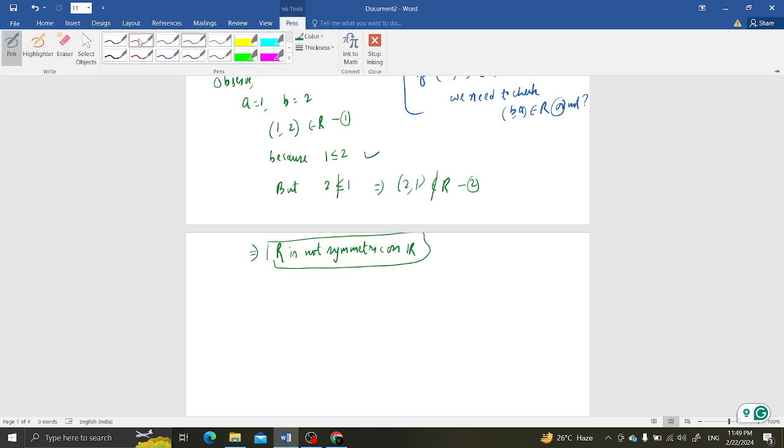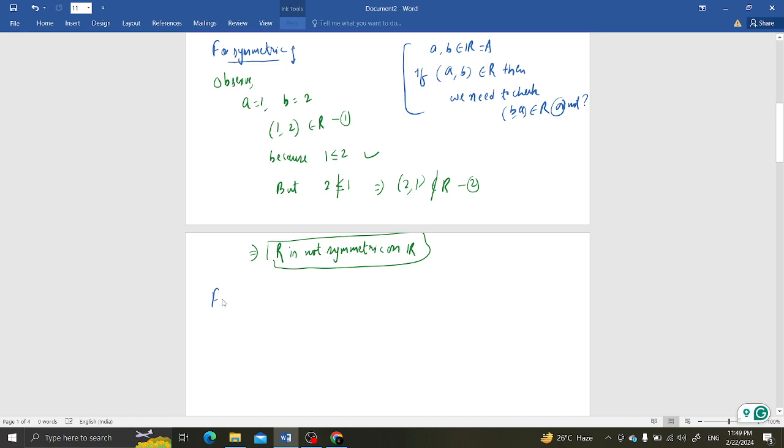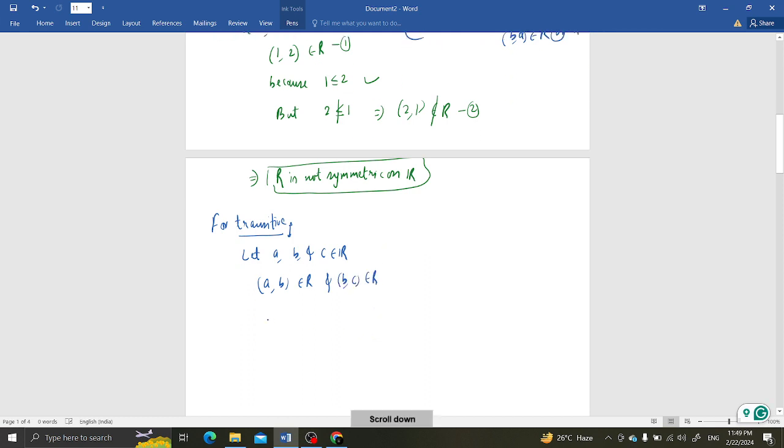Now for transitivity we need to check. For transitive, let a, b and c belong to R such that (a, b) belongs to relation R and (b, c) belongs to relation R. What does it imply? (a, b) belongs to R means a is less than or equal to b. This is the first inequality, and b is less than or equal to c is the second inequality.